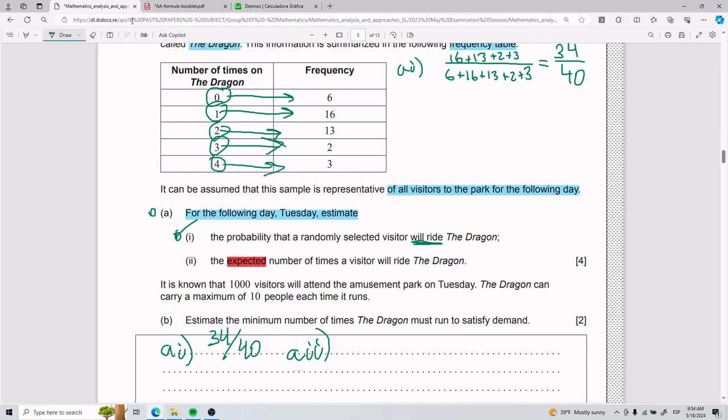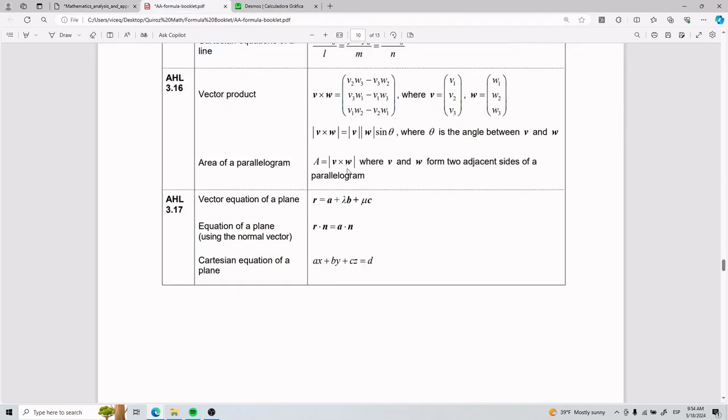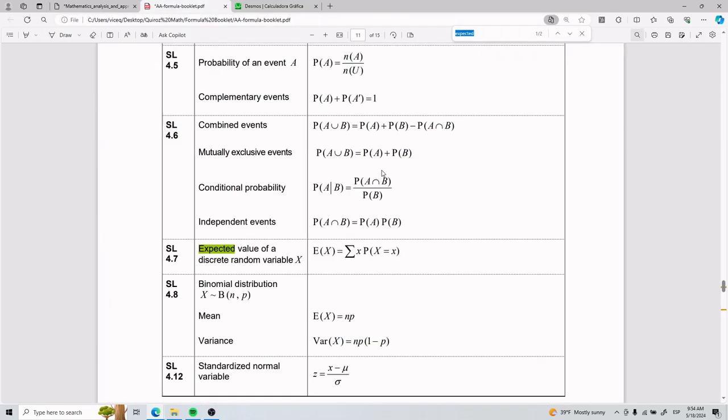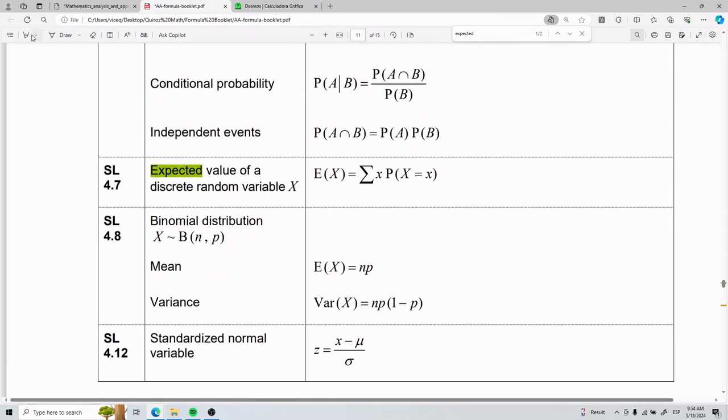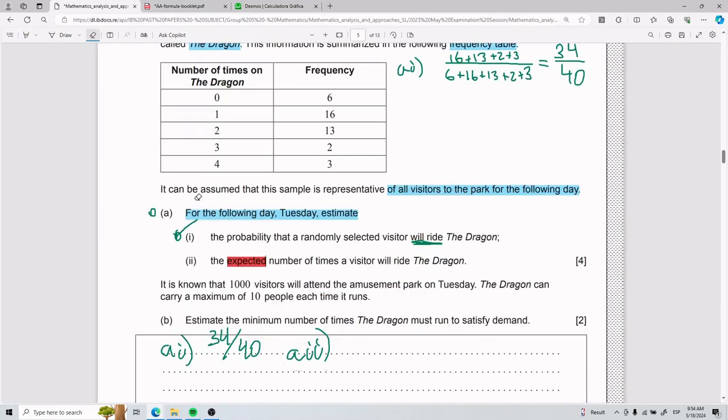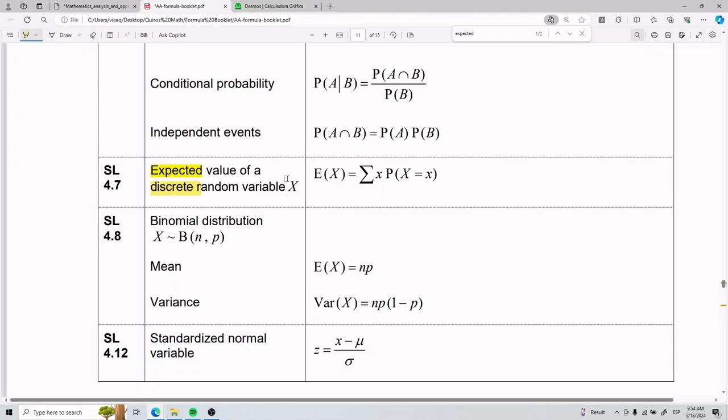How do I know that you need to do this? I know this because it's actually in your formula booklet. In your formula booklet, it says expected value of a discrete random variable x. Discrete is just like a whole number, and here you have a bunch of whole numbers, 1, 2, 3, 4. So that's why you know you can use this.